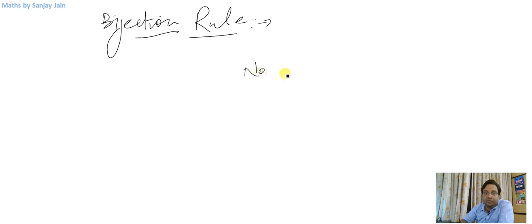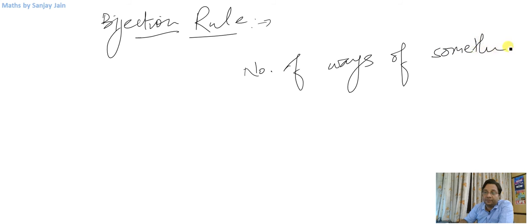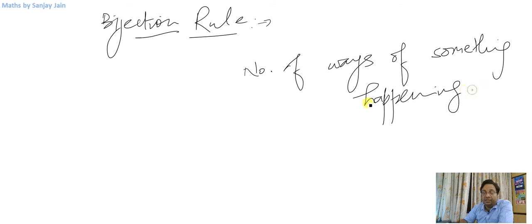If you have to count the number of ways of something happening, and it is getting very difficult, or it is a huge number, then you can focus on something else. You can find the number of ways of something not happening.